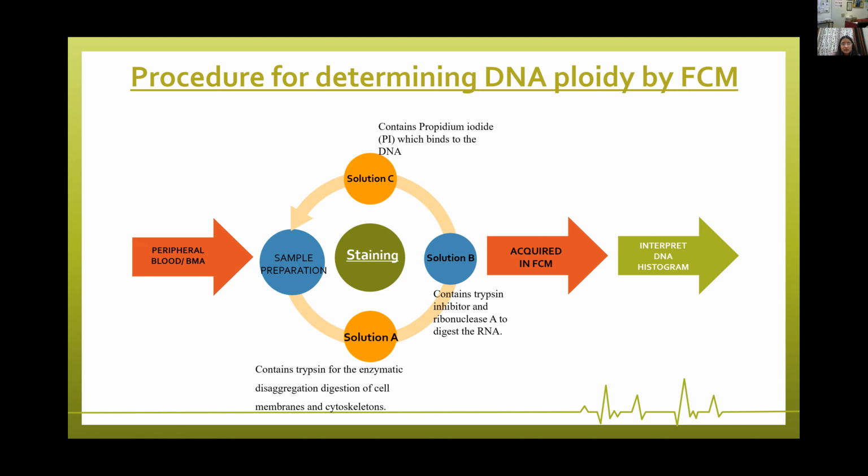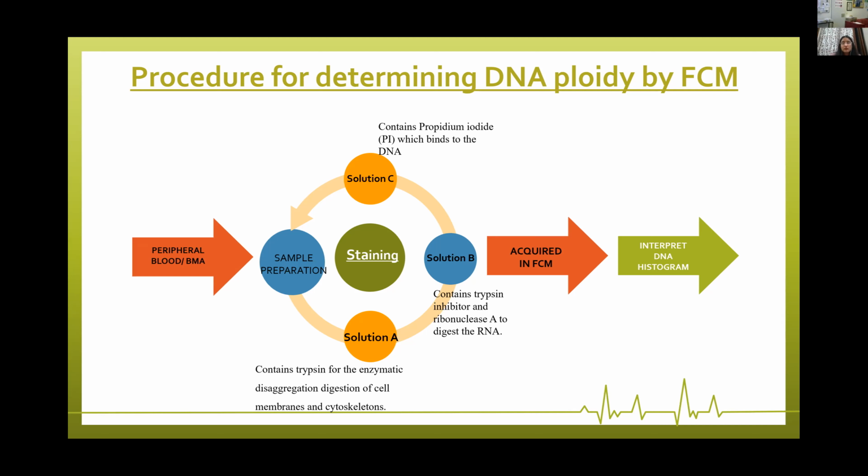Once the sample was prepared, we proceeded with the staining steps. There were 3 stains that we used. The first is solution A, which contained trypsin, and that was used for the enzymatic disaggregation and digestion of cell membranes and cytoskeletons of the cell.